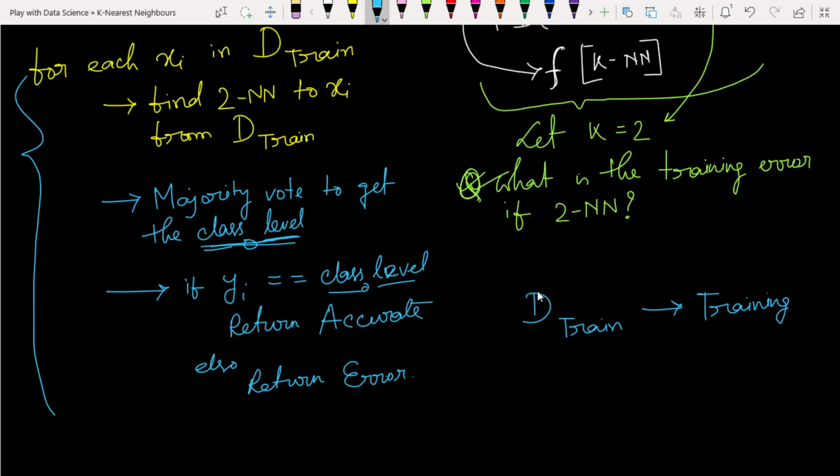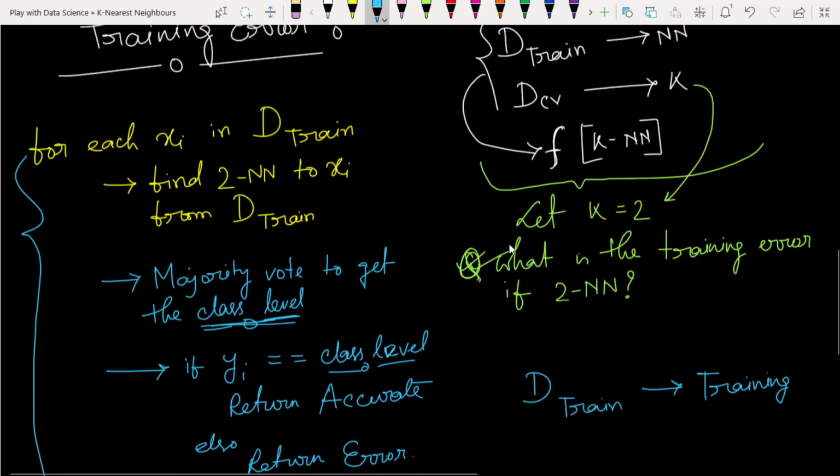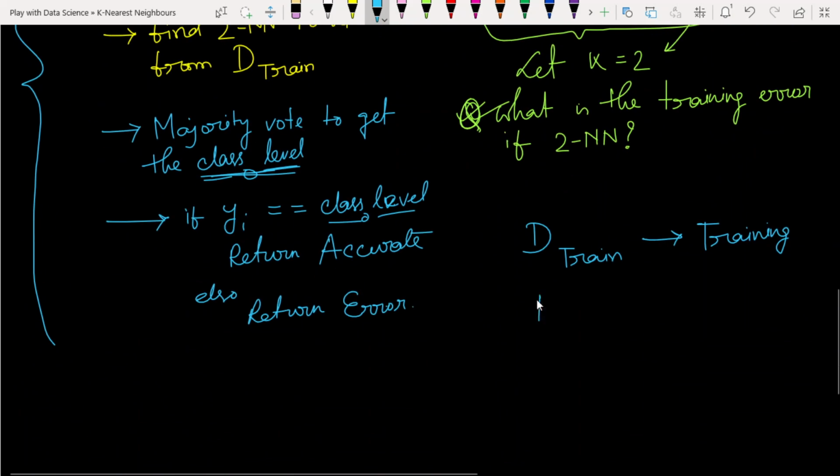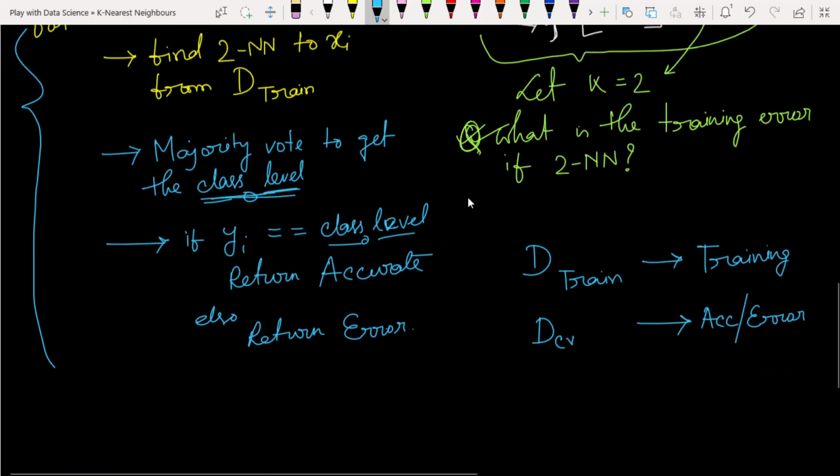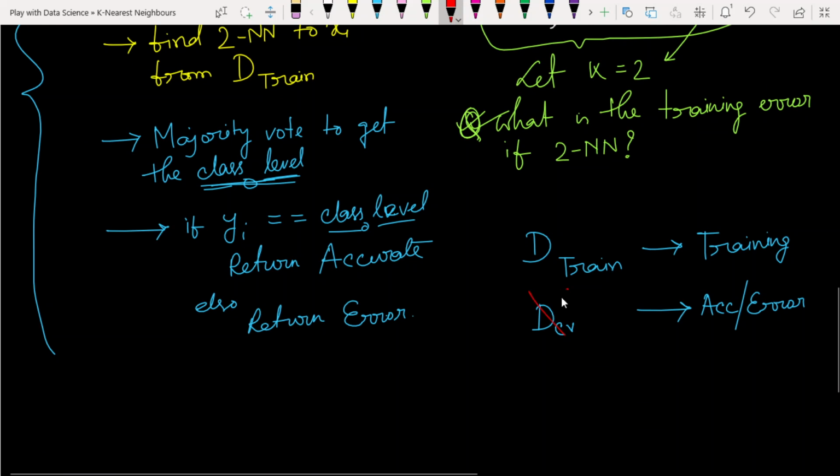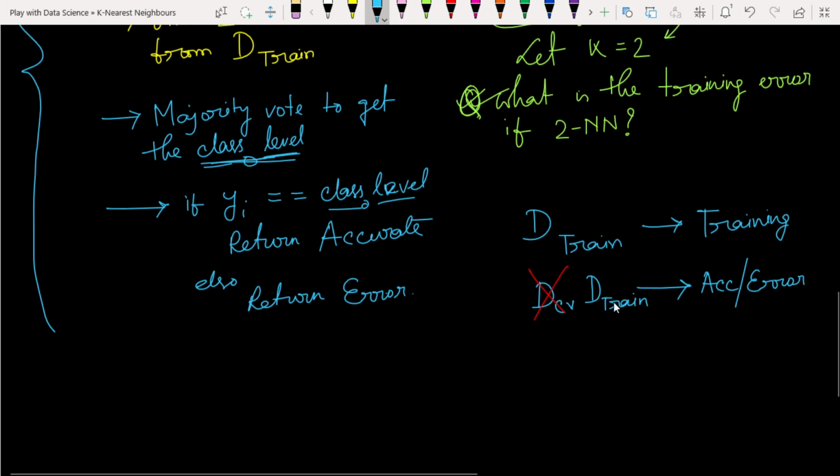This thing is the same in every case, but the main difference is that to find the accuracy or the error, as you like, we use the cross validation data, but for the training error, we use the Dtrain data instead. I think it is clear to all of you.